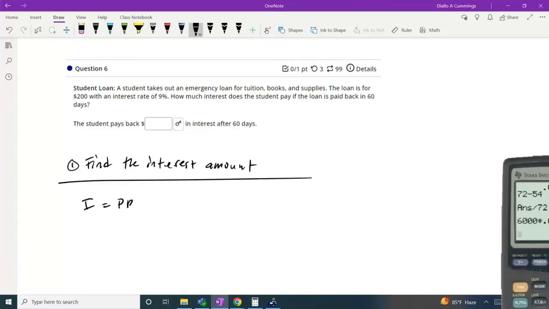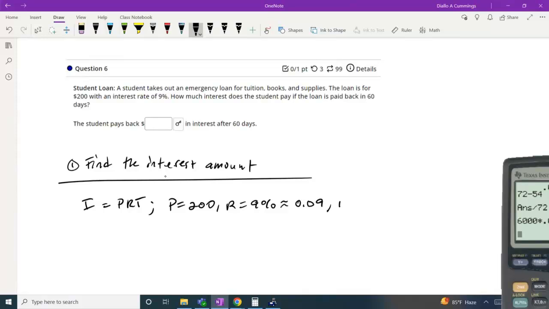So I is equal to P times R times T. P is going to be 200. That's the principal. R is going to be 9%, which is 0.09.